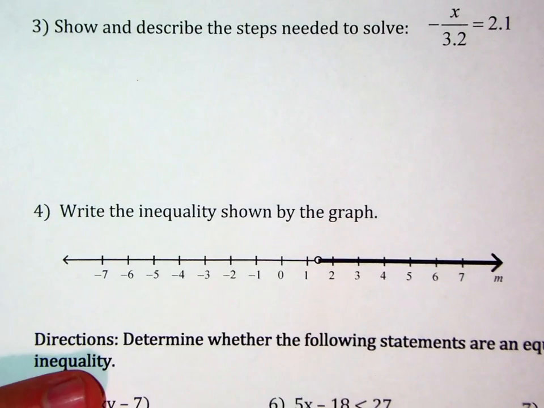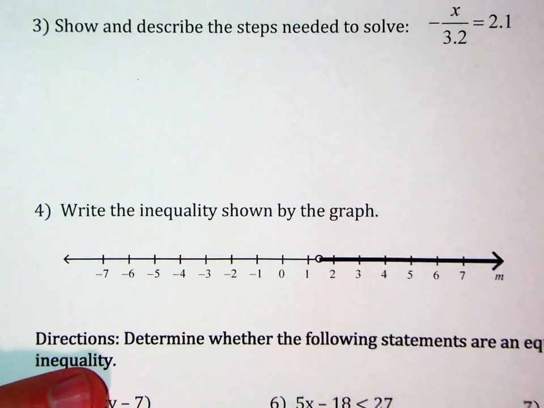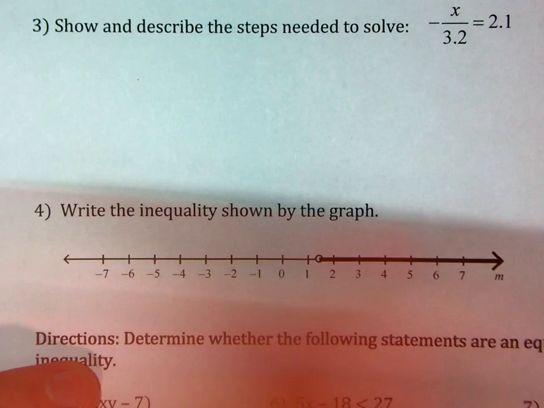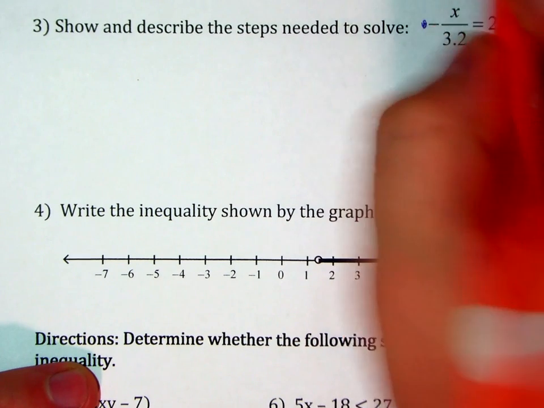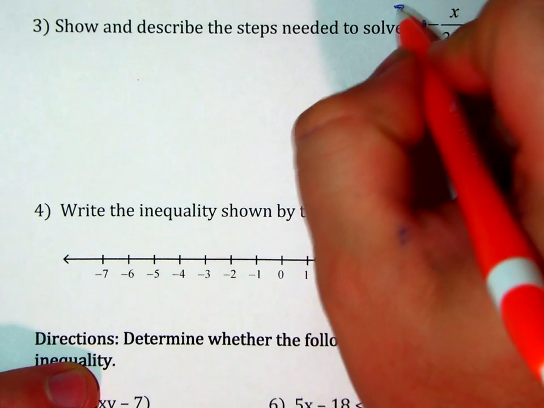Number 3, show and describe the steps needed to solve negative x over 3.2 is equal to 2.1. Now for this problem I would go ahead and multiply both sides of my equation by 3.2.